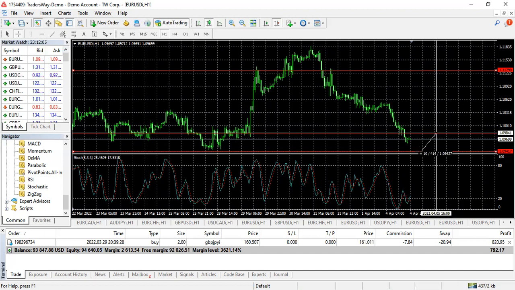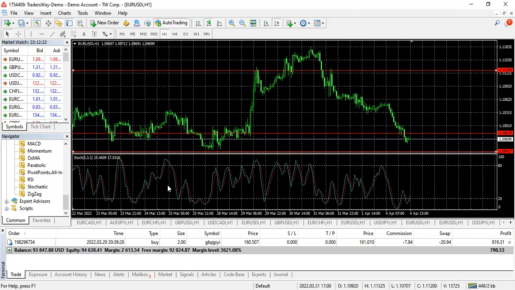So I'm willing to risk 43 pips to earn 145 pips. I think this is up to 1:3.